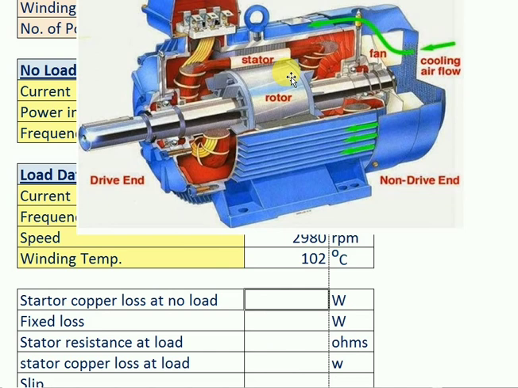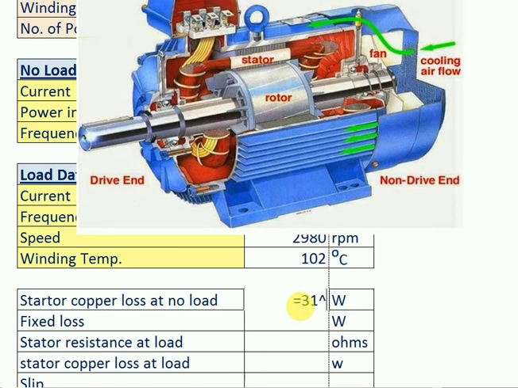First, the stator copper loss at no load is basically I squared R, where I is the no load current. How much was taken? 31 amps. I squared R, with resistance 0.029 ohms, gives 28 watts. It is the stator copper loss.